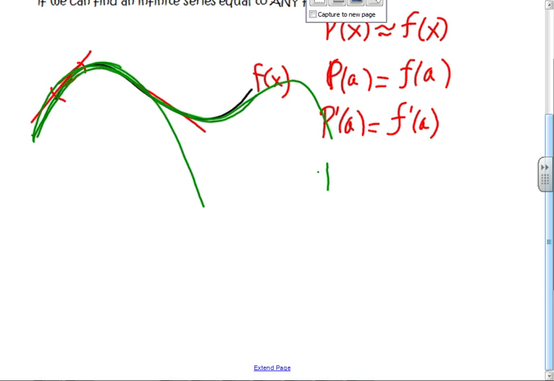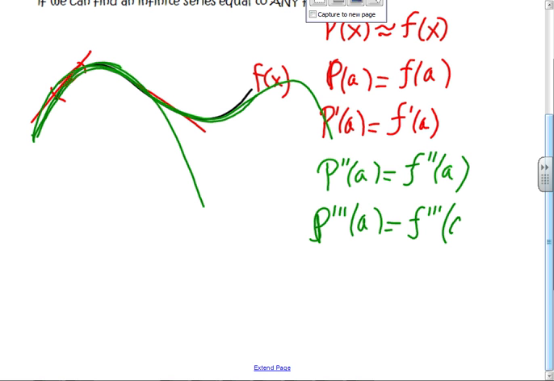So what's true about the second derivative at a and the function? They have to be the same. What do you think is true about all the derivatives? They're all the same. So the third derivative at a has to equal the third derivative of the function. Okay? So that's what we're going to have you do.